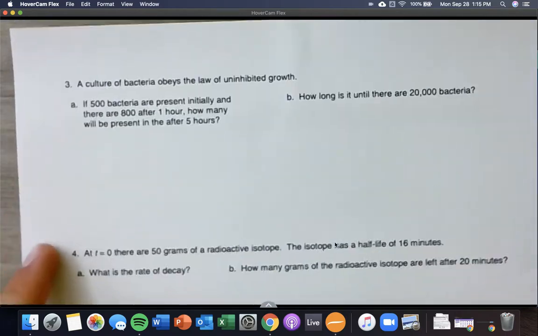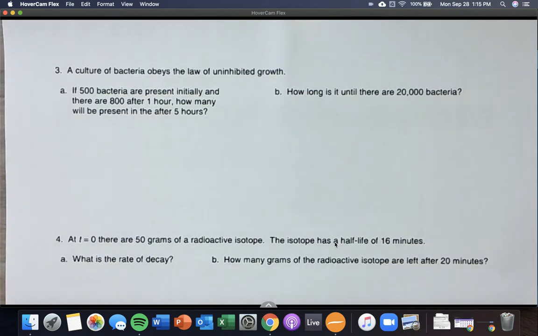Number 3. A culture of bacteria obeys the law of uninhibited growth. A is asking, if 500 bacteria are present initially and there are 800 after 1 hour, how many will be present after 5 hours?